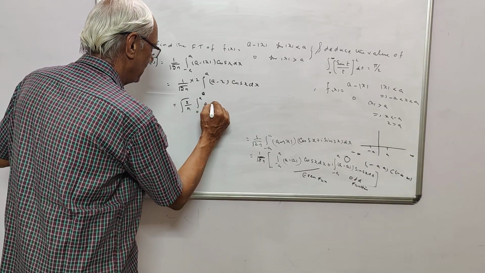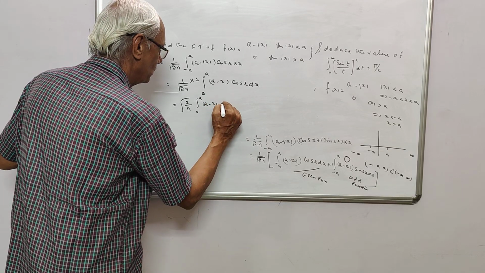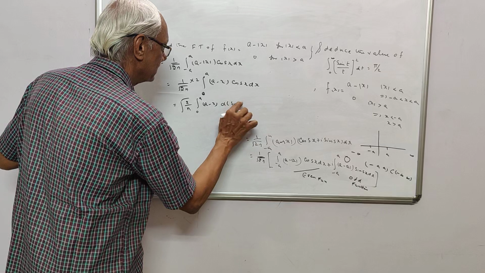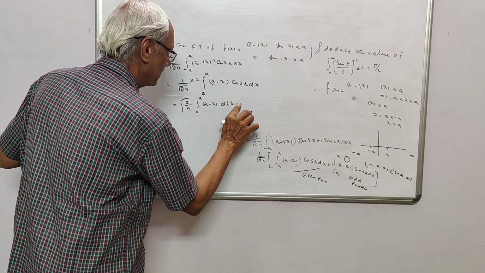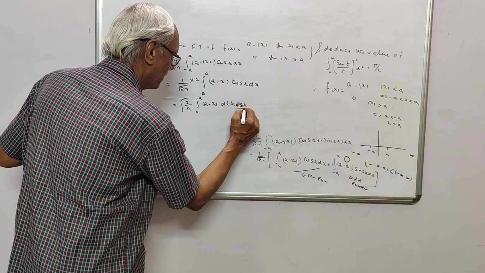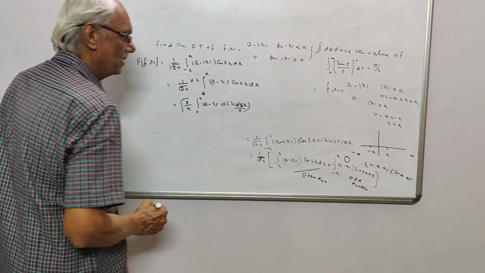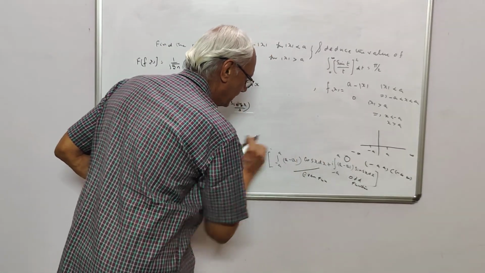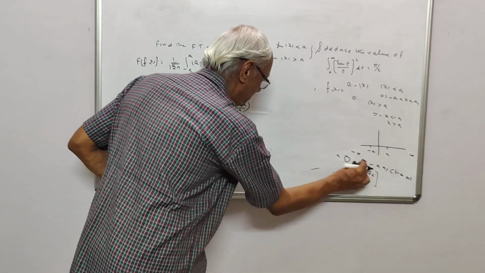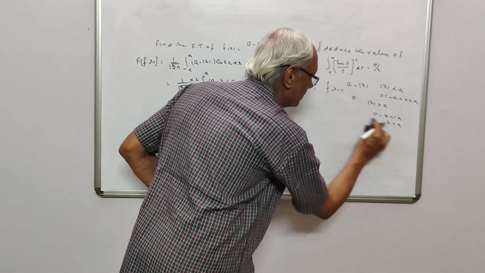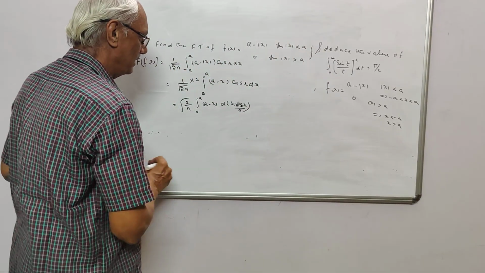You can write it like this: (a minus x) into d of sine sx by s. So using Bernoulli's method of integration, what will you get now?